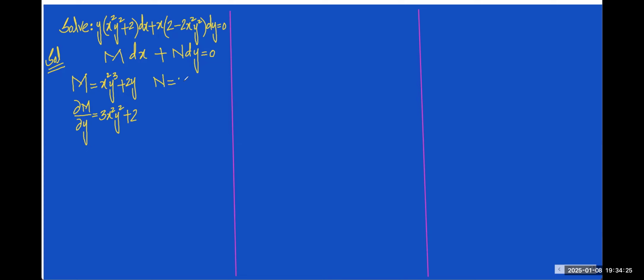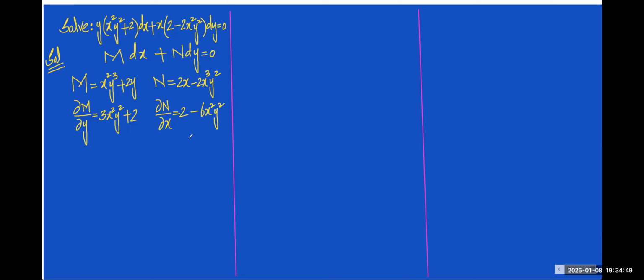Now look at this, 2x minus 2x cube y square. This one we have to differentiate partially with respect to x. So what is the answer here? 2 is there, minus 6x square y square. Correct?